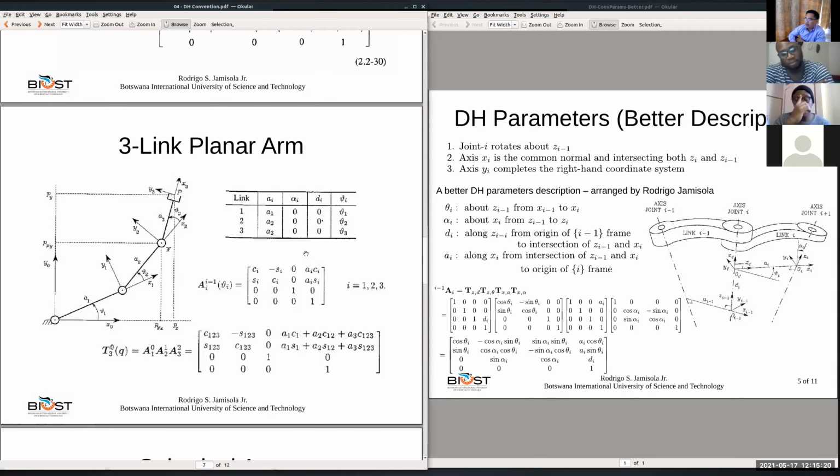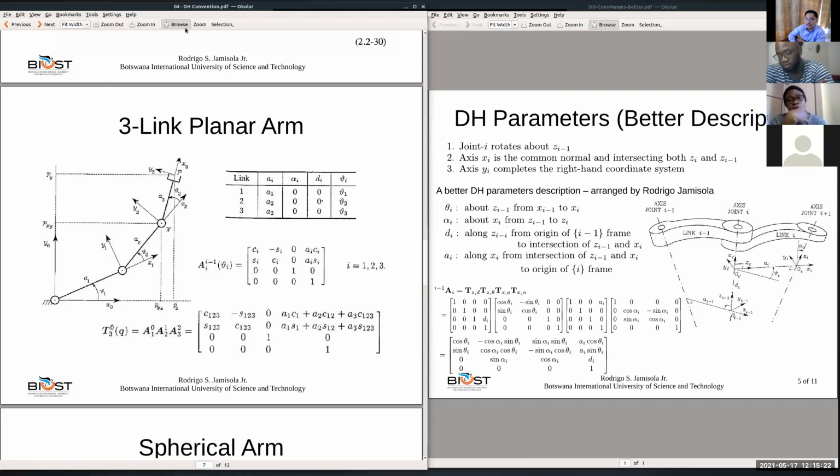Okay, so now let's have red for frame 0. Okay, x0 is here, of course. Now next, green for Z1. And of course, this is your X1. And this is your frame 1.